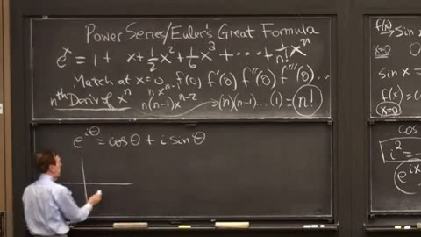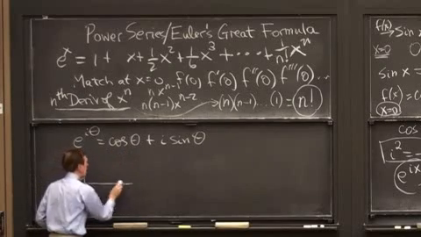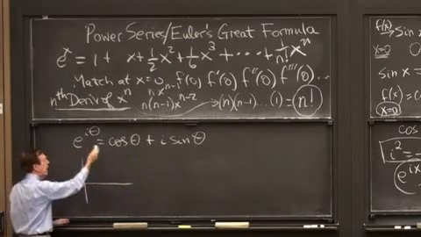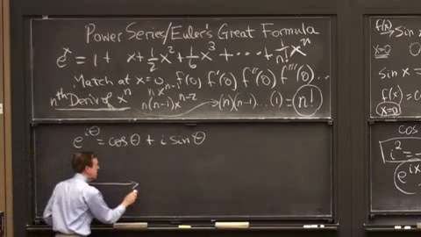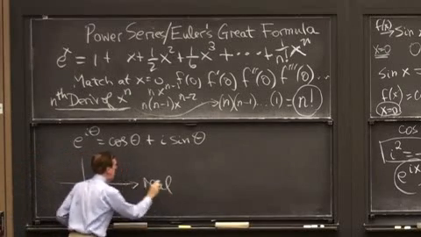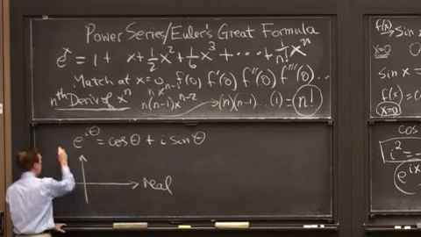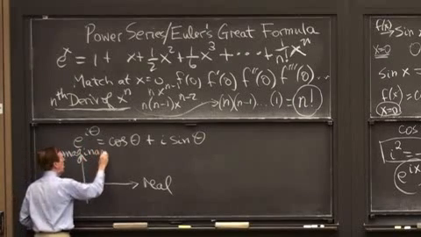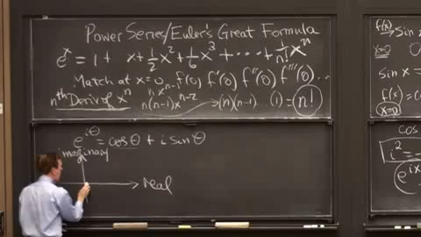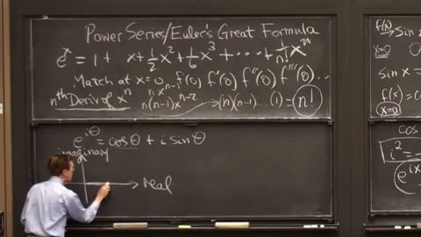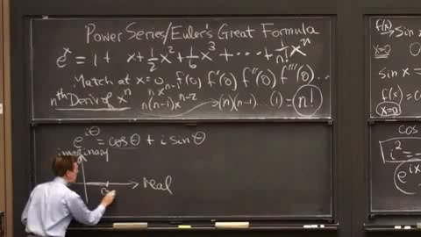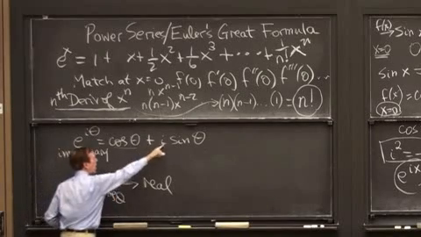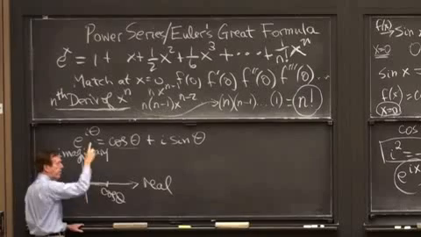And now I'll draw it. I have to draw that thing. This is the real direction, and that's the imaginary direction. That's the real part, so I go cos theta across here. And then I go upwards in the imaginary direction, up or down.